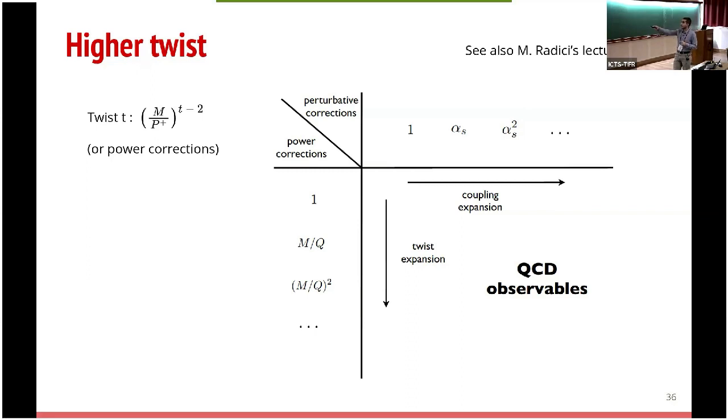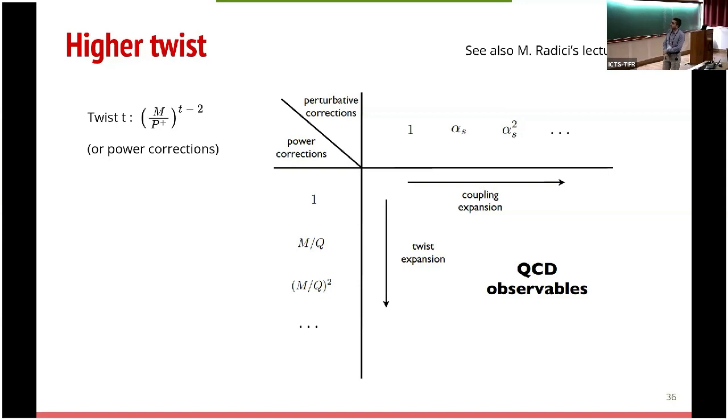So you can work out a perturbative expansion for the observable, so you can calculate the radiative corrections to your cross-section, where you have powers of the coupling constant. But you can also introduce these kind of corrections, powers of m over Q, where m is the mass of the hadronic target, and Q is the hard scale of the process, like the invariant mass of the photon in semi-inclusive DIS. And these corrections here are called power corrections or higher twist corrections, okay?